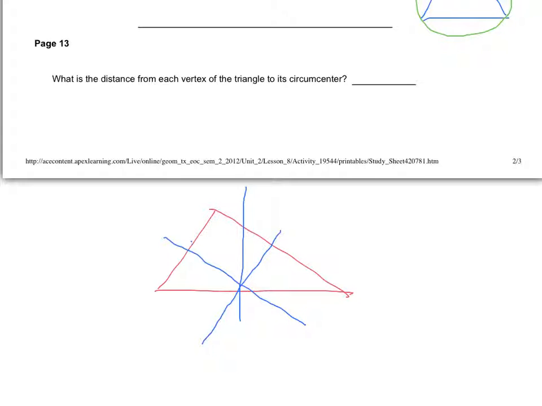Those would be my three perpendicular bisectors, and you can tell they intersect here. So this would be the center of my circle. When I circumscribe my circle, it's going to touch all the vertices, and it's going to look more like this, and this would be approximately the center. Now we pretend, because my drawings are terrible, but it gives you an idea of what it should look like.